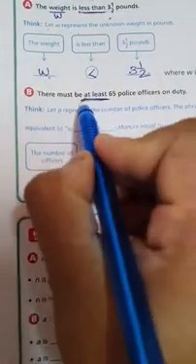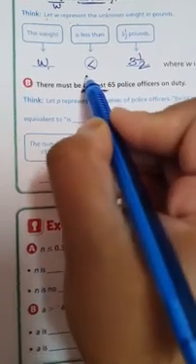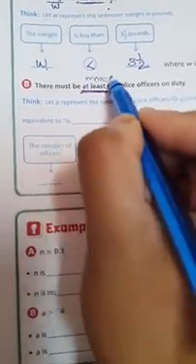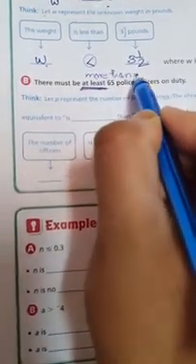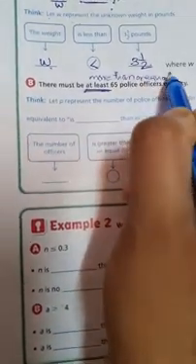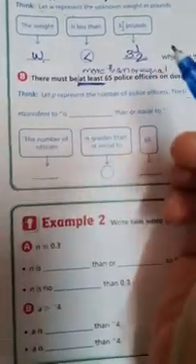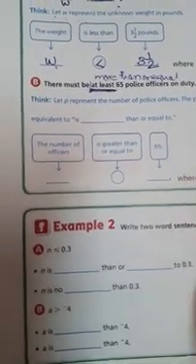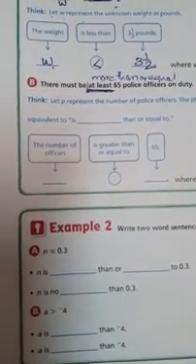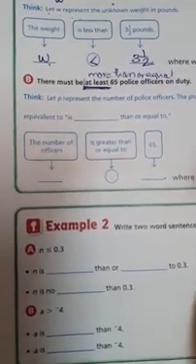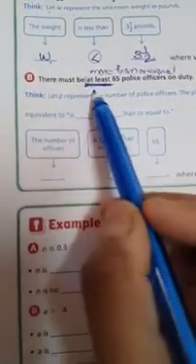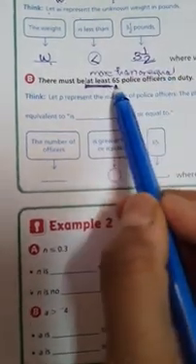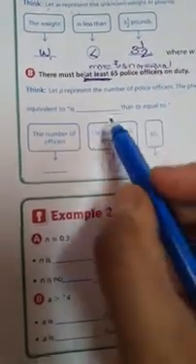So whenever you have this word, it means it should be more than or equal. Always remember that teacher said I should at least get 8 marks. So at least means you should get more than 8 or at least an 8, not 6 or 7, right? So there must be at least means more than or equal to 65 police officers on duty.